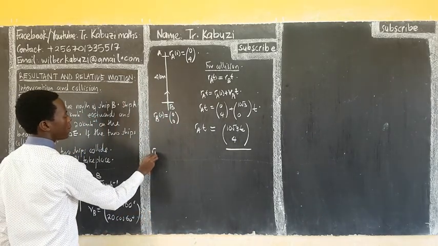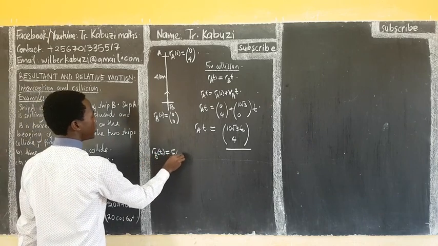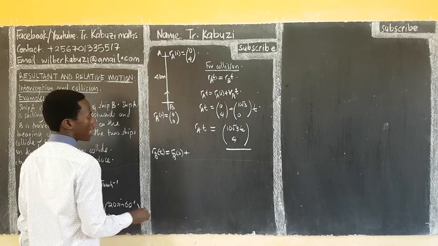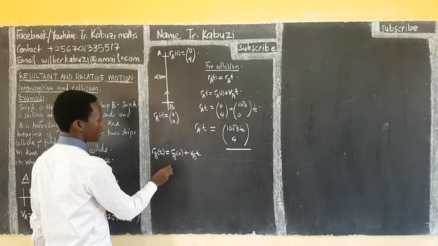So the displacement of B at any time T will be the initial position of B plus the velocity of B times time.